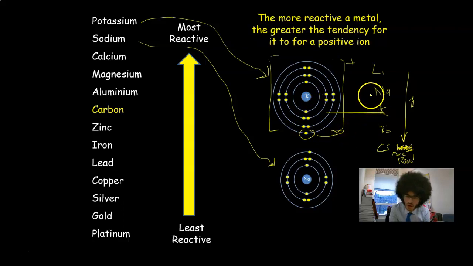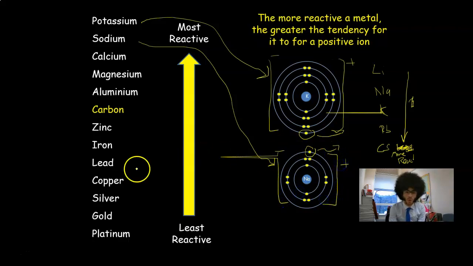Now, sodium's a lot higher. It's less reactive as a result, because it's a smaller atom, so the distance between the nucleus and the electron is smaller. It's got a greater attraction between the nucleus and the outer shell electron, so it's much harder for this electron to leave the atom.